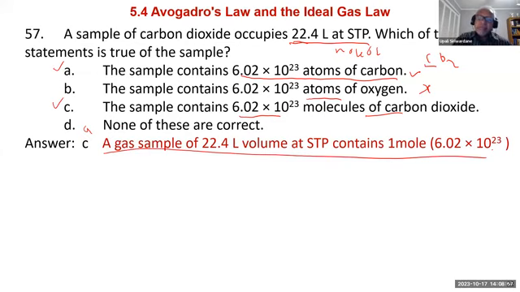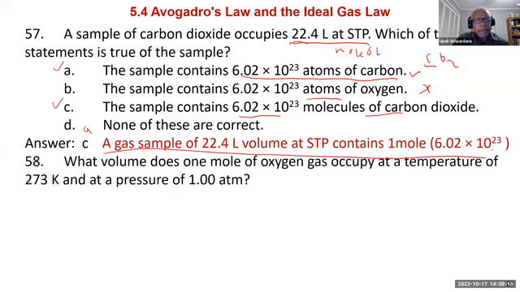Avogadro's law gives us the volume of a 1 mole sample. 1 mole of a sample at standard temperature and pressure has 22.4 liters. I'm going to show that calculation a little later. What volume does 1 mole of oxygen gas occupy at STP? 273 or 0 degrees Celsius, and 762, are the standard temperature and pressure.